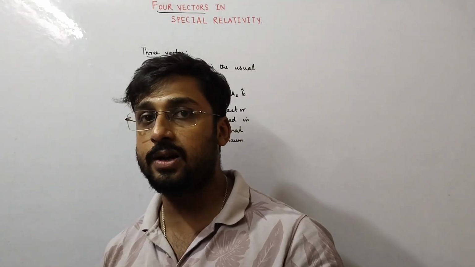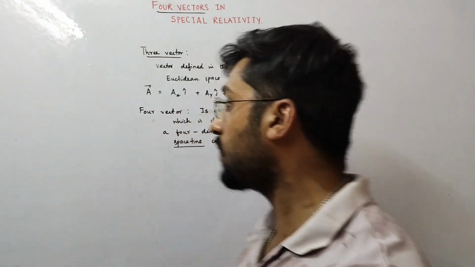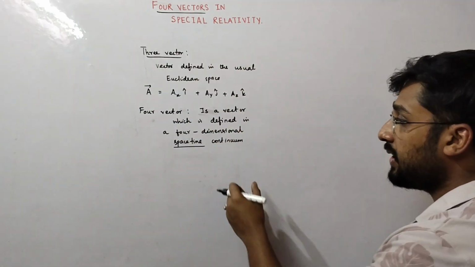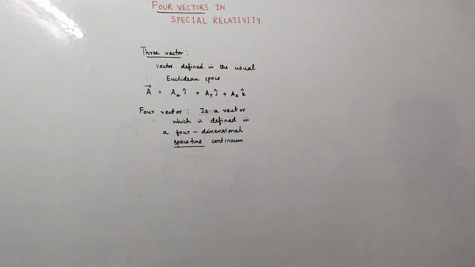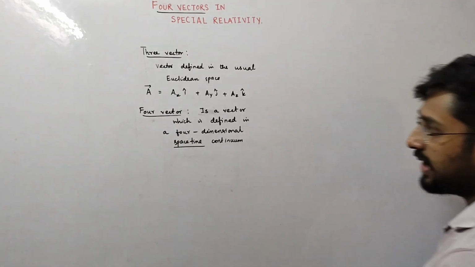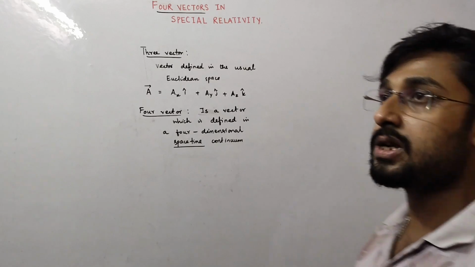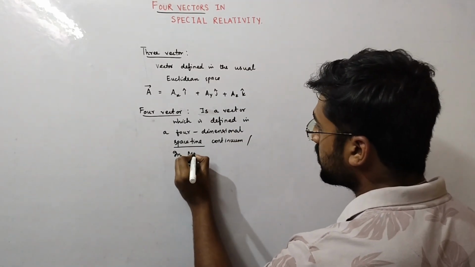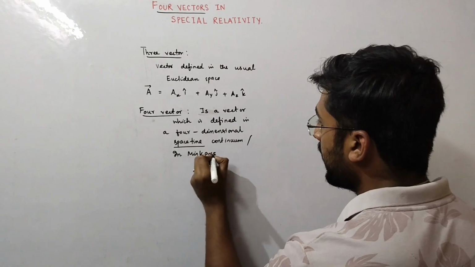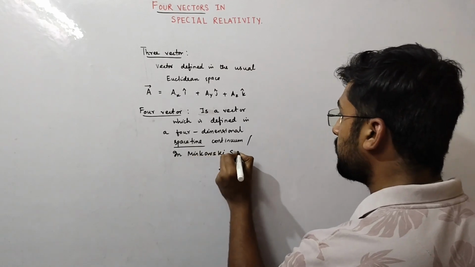Time is also considered as the fourth component of the dimension. So in relativity, you must always write space-time like this. So basically, a four vector is a vector that is defined in a four-dimensional space-time continuum, or in the Minkowski space-time.